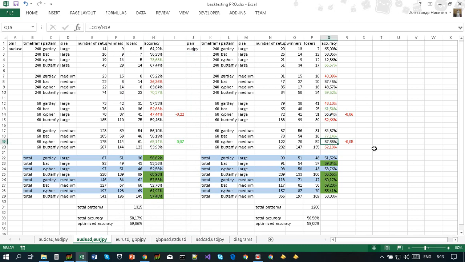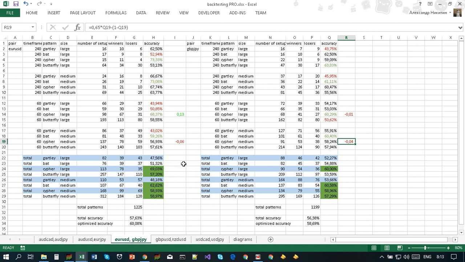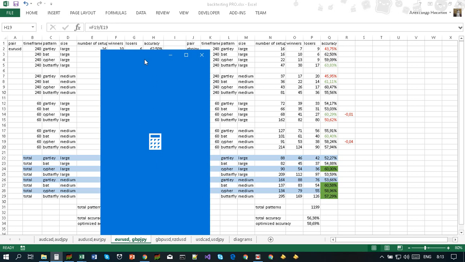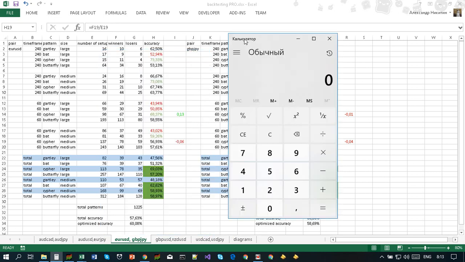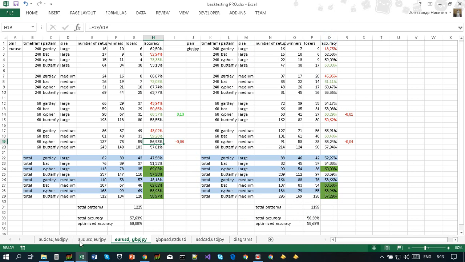Okay, 56 and 57. It is below 60, so we know that it is negative expectancy. 68 and 56. Okay, needs to calculate. 68 plus 56 divided by 2, so it is 62.